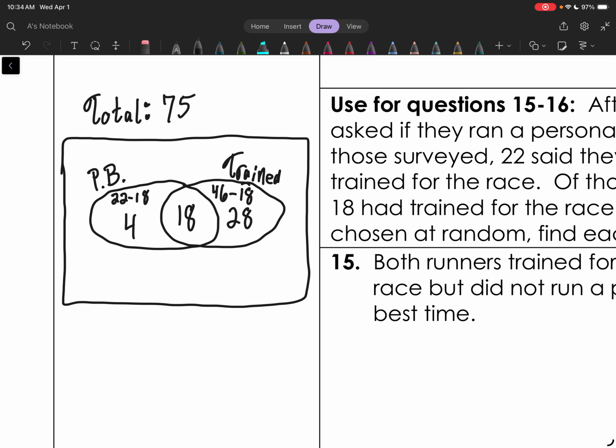So the amount of people who did not train and did not run a best time. This is going to be 75 minus 4 minus 18 minus 28. 25 people neither trained nor ran a personal best time.